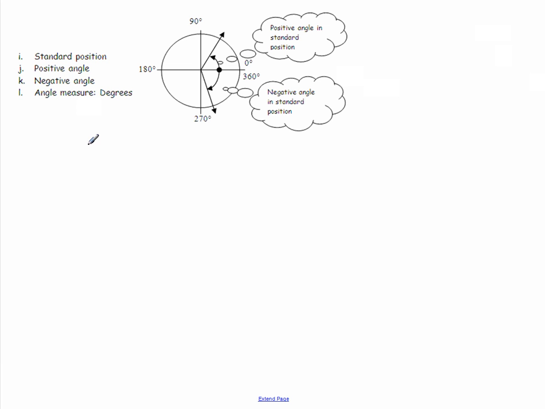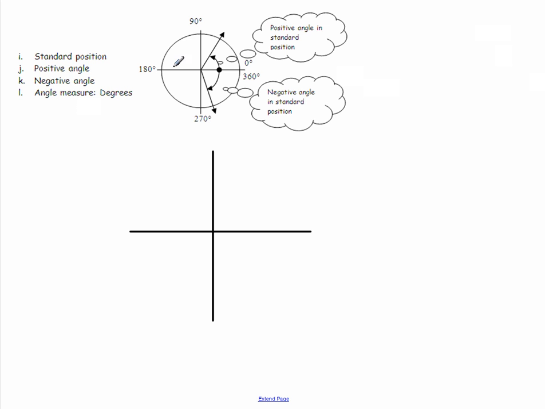It would be one thing if we were just to stick with the basic geometry definitions, but trigonometry does something special. It takes those angles and puts them into the XY axis system to give us some reference as to what's going on. So when we talk about a reference point, what we mean is that standard position. An angle in standard position, let me give you this definition.